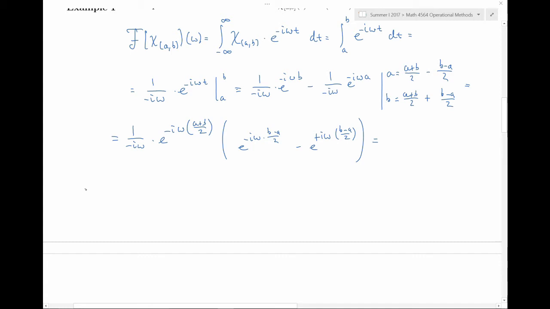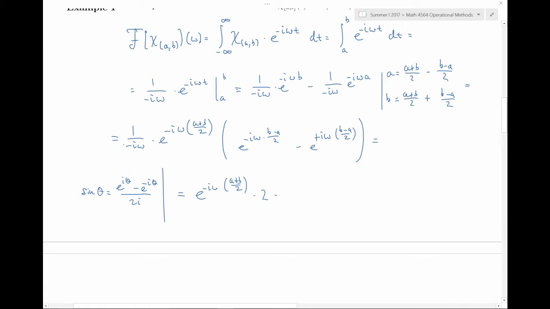I know that sine of theta can be written as e to the i theta minus e to the minus i theta over 2i. Given this knowledge, I can convert this into e to the minus i omega times (a plus b) over 2, multiplied by 2, because I'm going to bring 2 in the bottom.